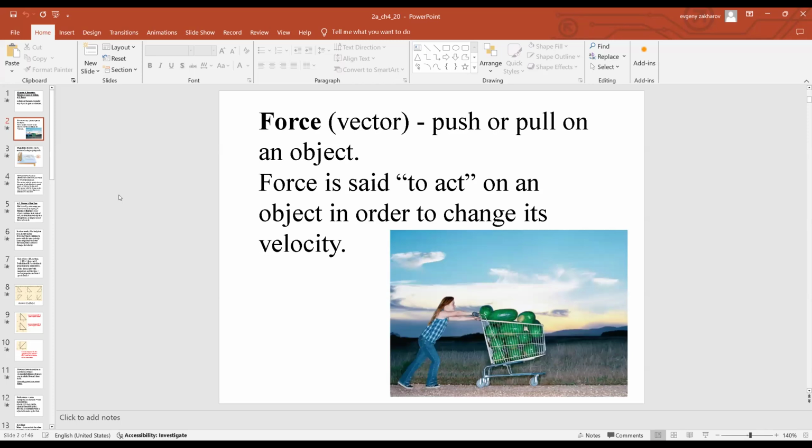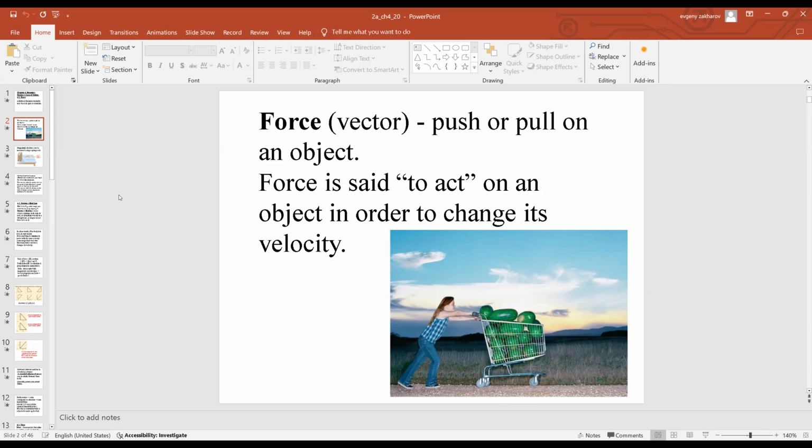So force is a vector. That means two things, magnitude and direction. And for force, you can think about a push or a pull on a certain object. We're still talking particles and no air resistance for most of the problems.